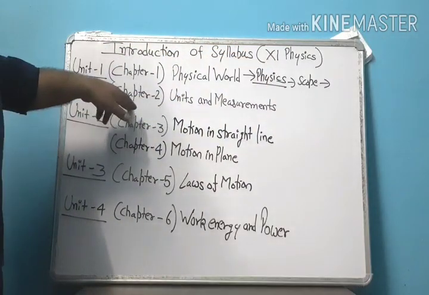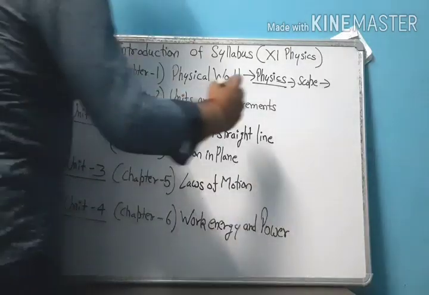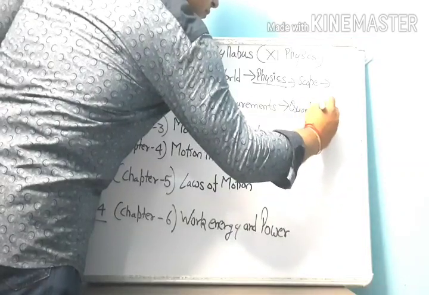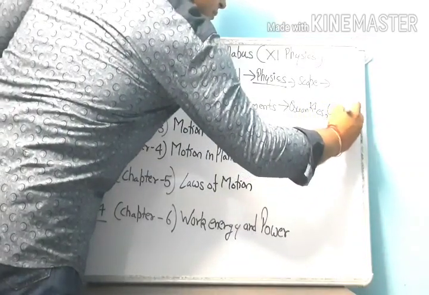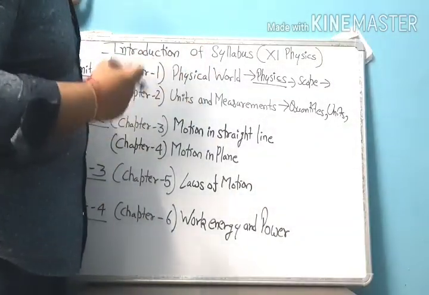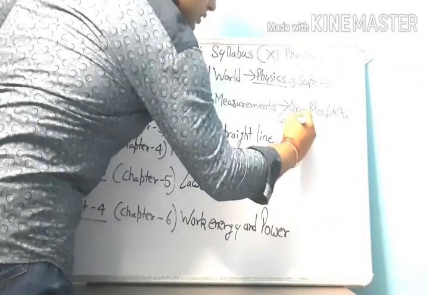Now, moving to the second chapter, chapter number 2, units and measurement. In this, we have to study quantities, units, what is measurement, why we need measurement, and the quantities of measurement, that is units.